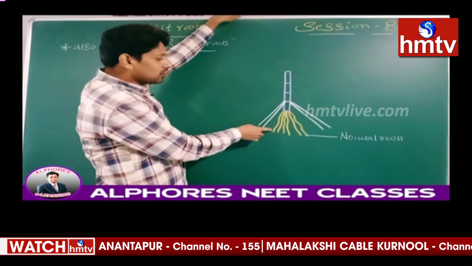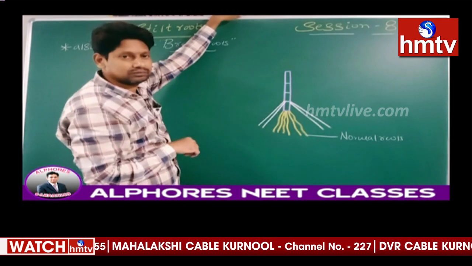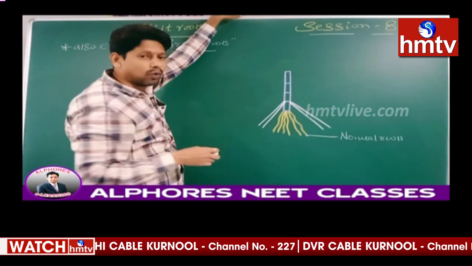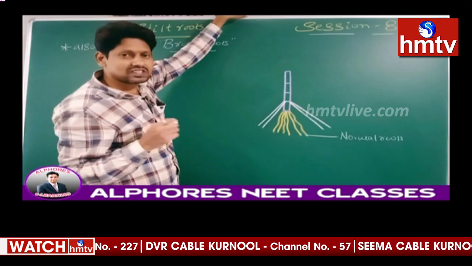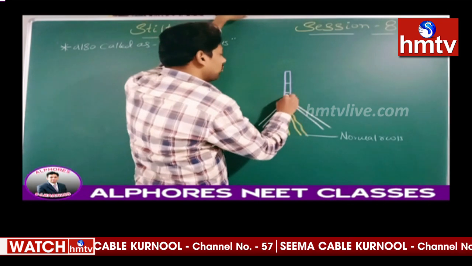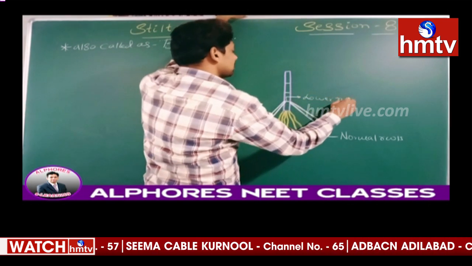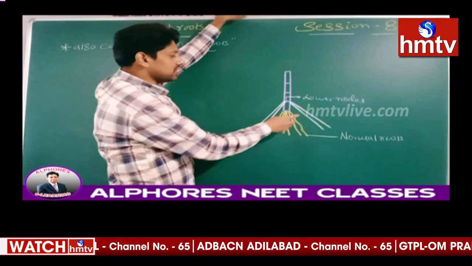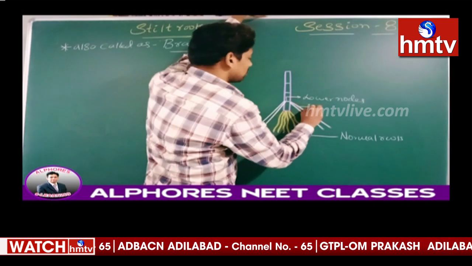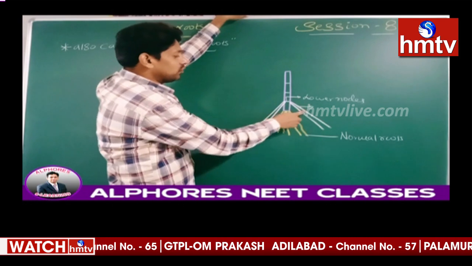These normal roots are unable to fix the plant properly in the soil. It means now this plant requires extra support. To provide that extra support, from the lower nodes of the stem, some aerial adventitious roots are developed. What are developed? Aerial adventitious roots.